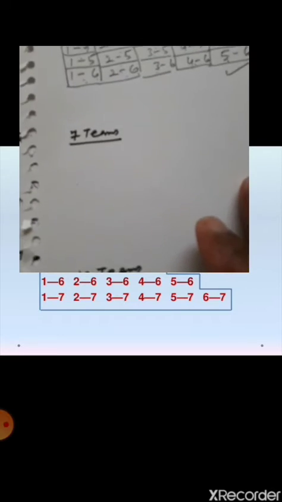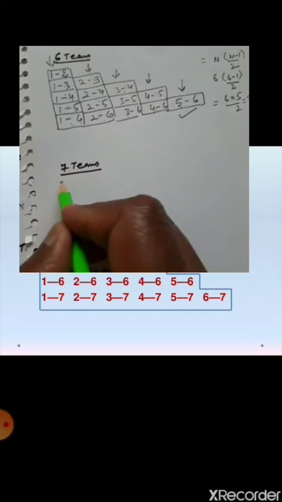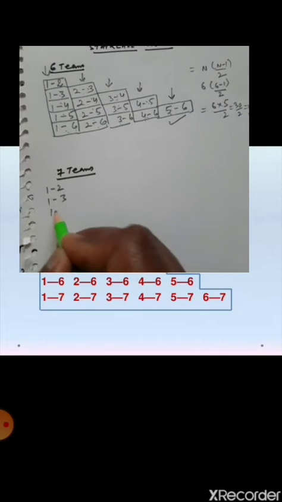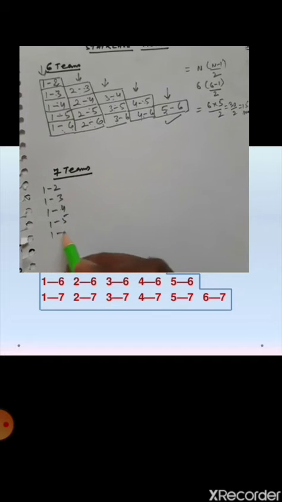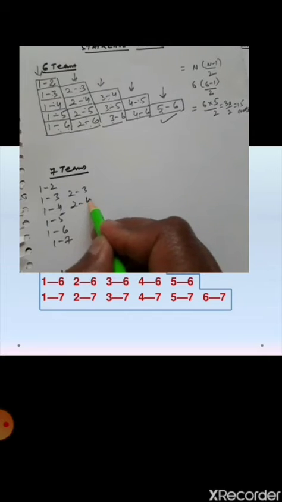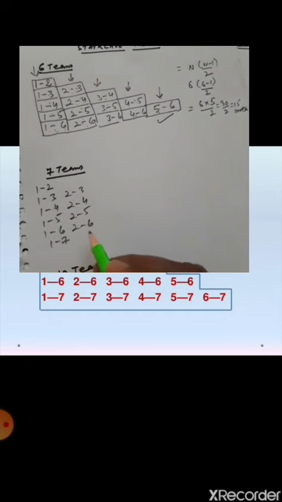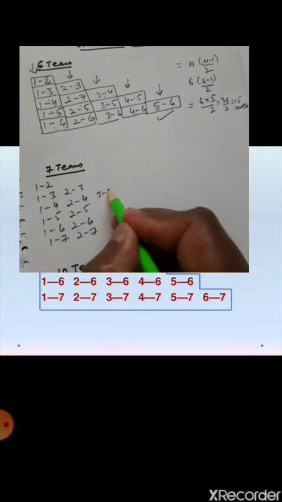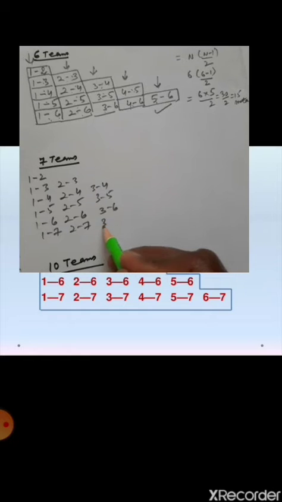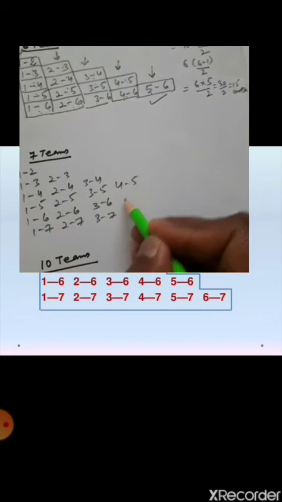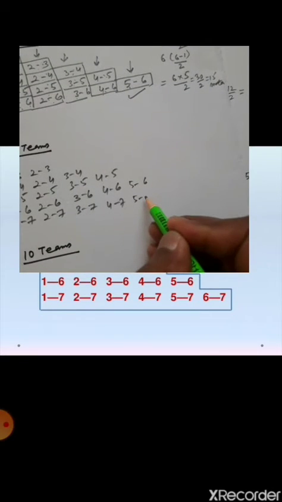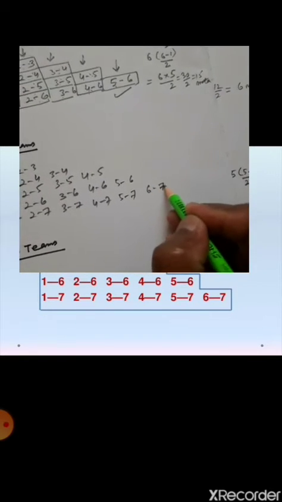All right, now let's practice the 7 teams here. Okay, yes, we'll write it here. 1 by 2, 1 by 3, 4, 5, 6 and 7. Then 2 by 3, 2 by 4, 2 by 5, 2 by 6, 2 by 7, 3 by 4, 3 by 5, 3 by 6, 3 by 7, 4 by 5, 4 by 6, 4 by 7, 5 by 6, 5 by 7 and 6 by 7.